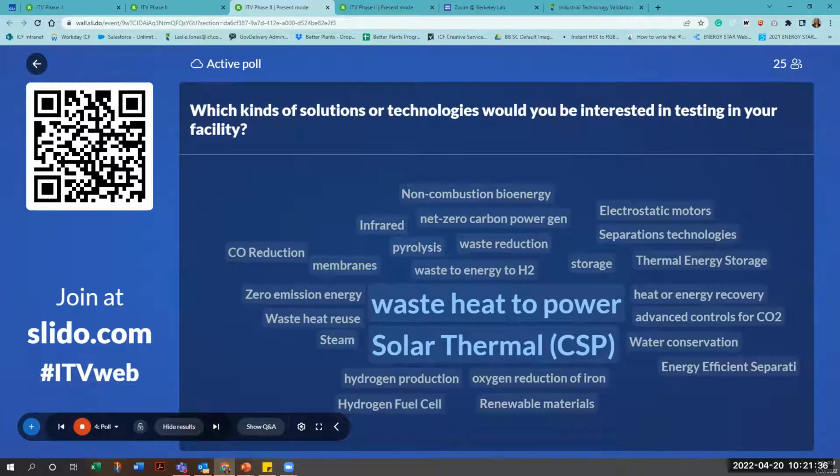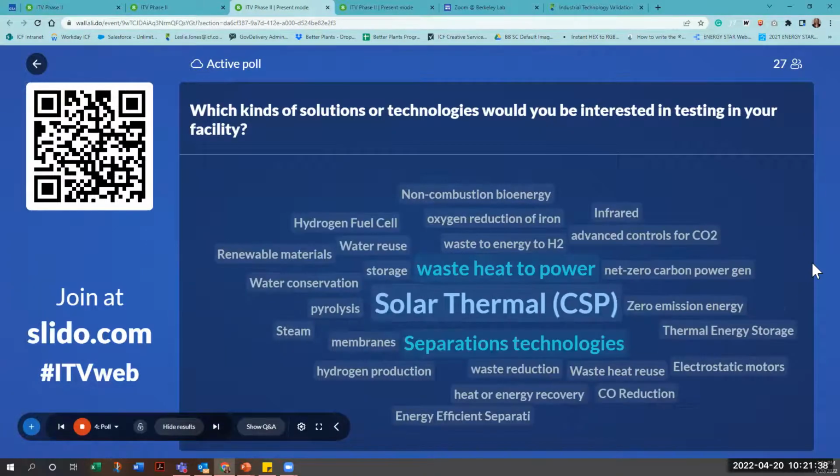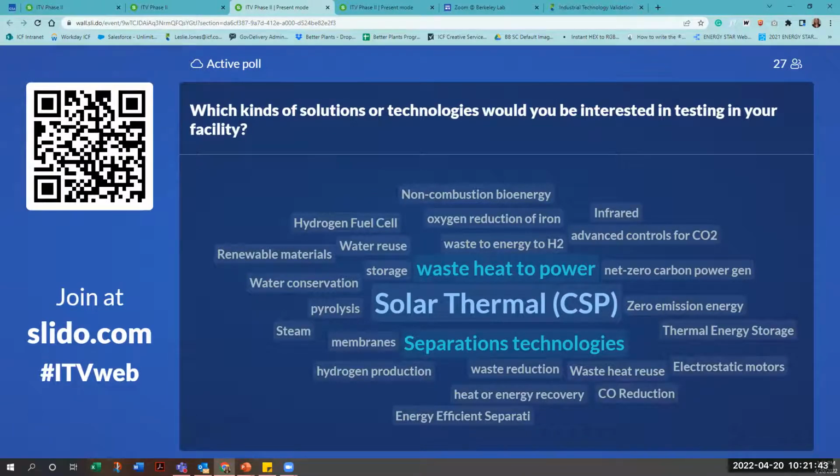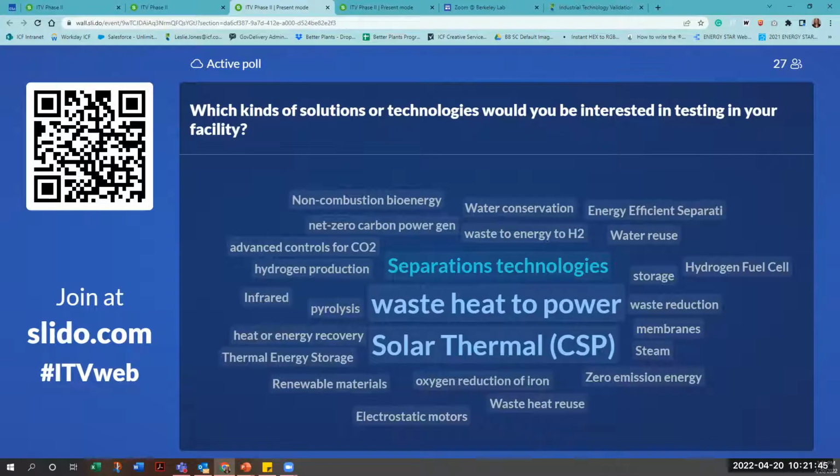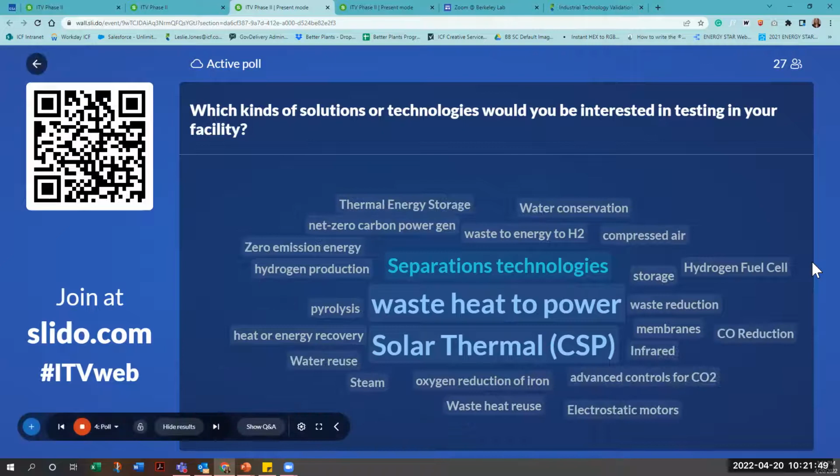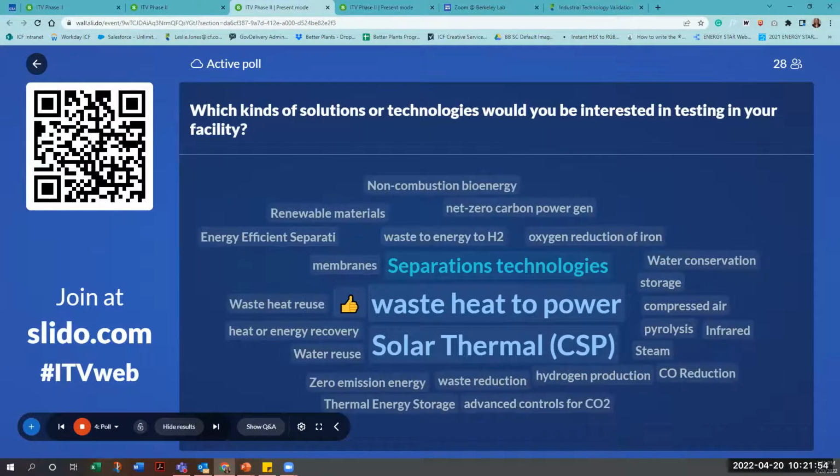There's a pretty good assortment of things here, but we are seeing a few themes being repeated. Since everyone's typing this in, I'll give this one a few more seconds than the previous one. Just a thumbs up. Thank you, whoever did that.